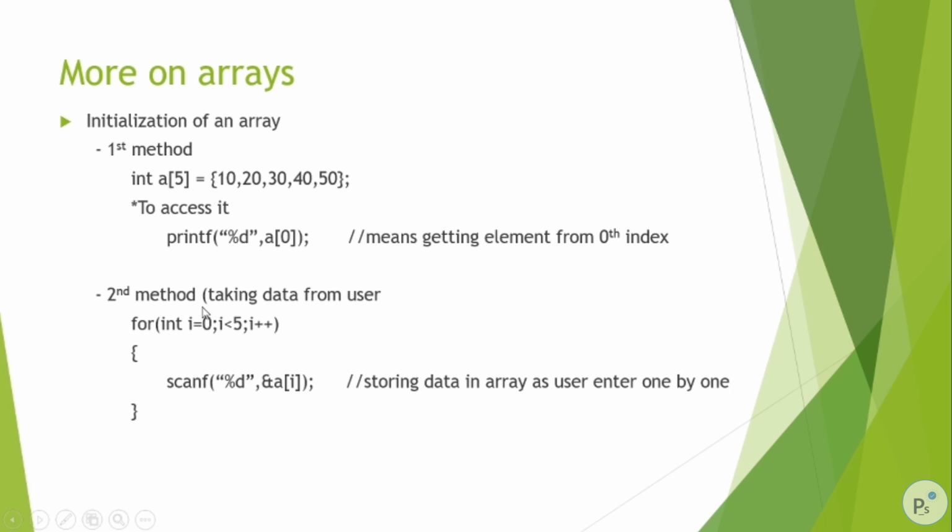If you start with 1, then i = 1; i <= 5. The equal to sign is very important, because if you don't add it, it will store only 4 values: 1, 2, 3, 4. When i becomes 5, it comes out of the loop because the condition is false. I hope you are getting it.